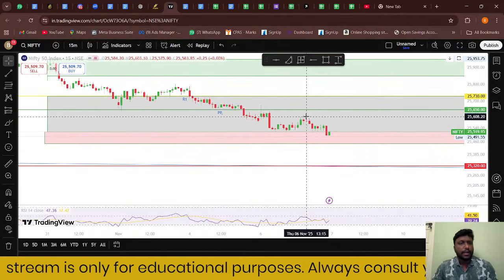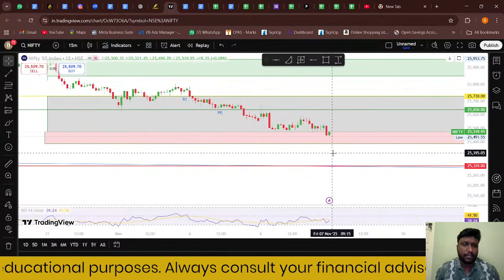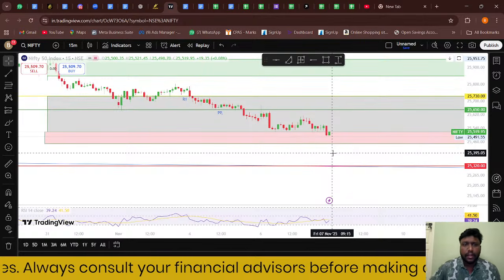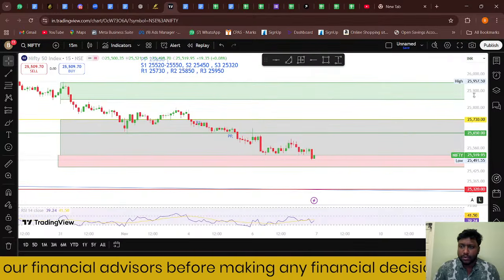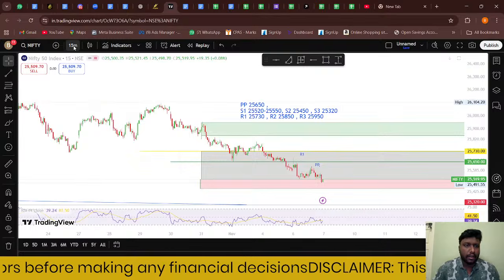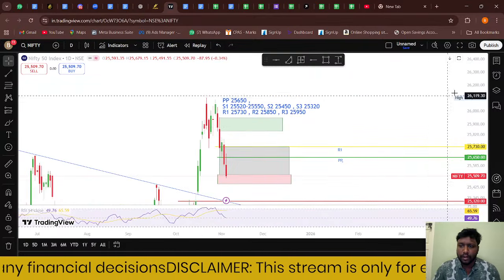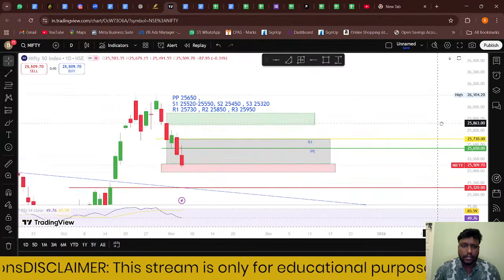As per our analysis, it hit the S1, made a low at almost 25,491, and closed above 509. With respect to yesterday's high, low and closing, we will analyse today's pivot point and zone this out for Nifty, Bank Nifty and Sensex.